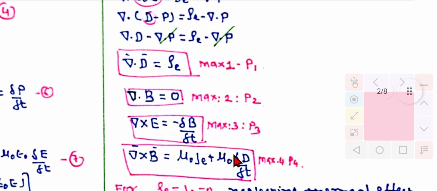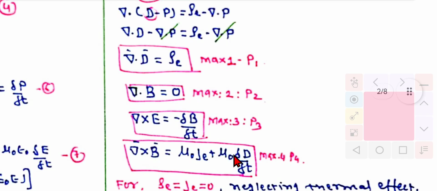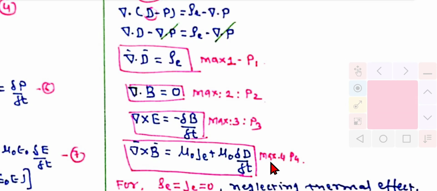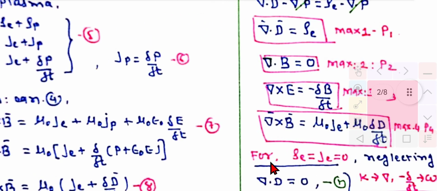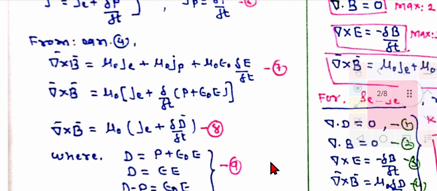And curl of B equals mu 0 Je plus mu 0 del D by del T. This is Maxwell's equation number 4 for plasma.